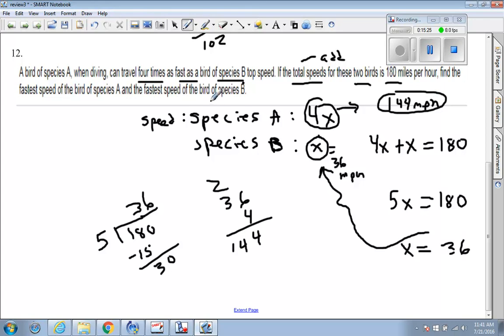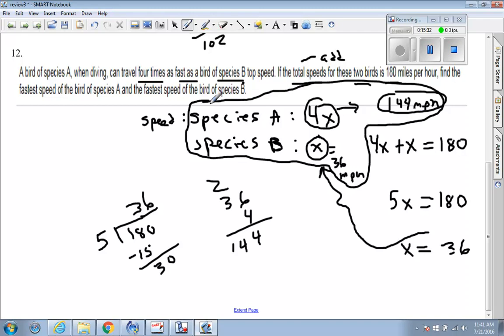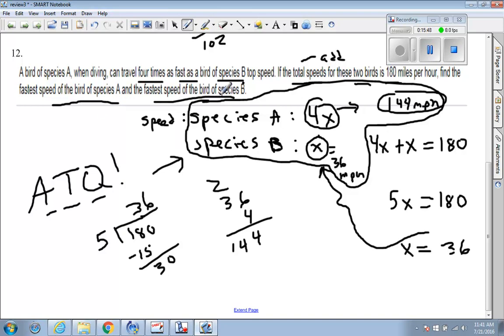So like I said, it's really good just to make this key, and then that way you can outline what you need to know at the end. All right? ATQ, answer the question. To use text language, ATQ, answer the question. Make sure you always throw it back into your key, and make sure you want to define the fastest speed of species A and the fastest speed of species B. So you have to throw it back into your key.